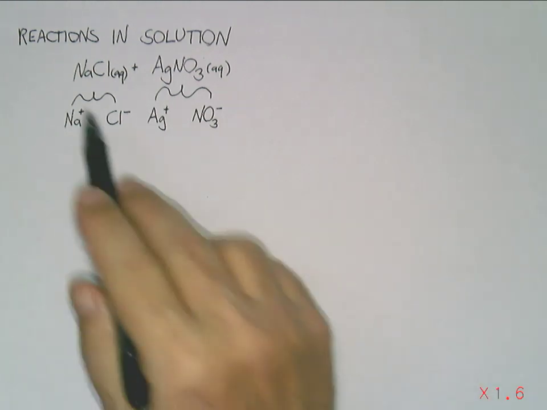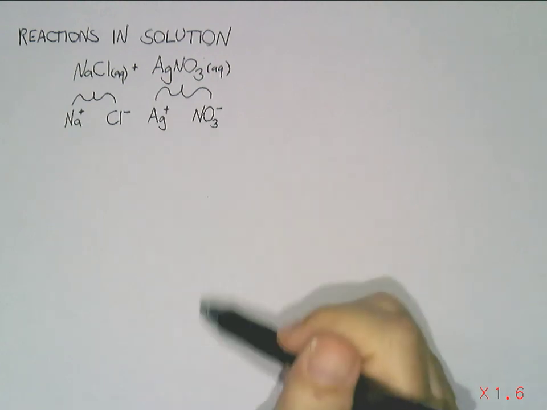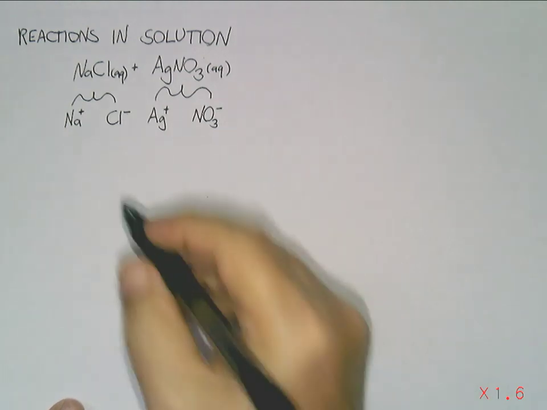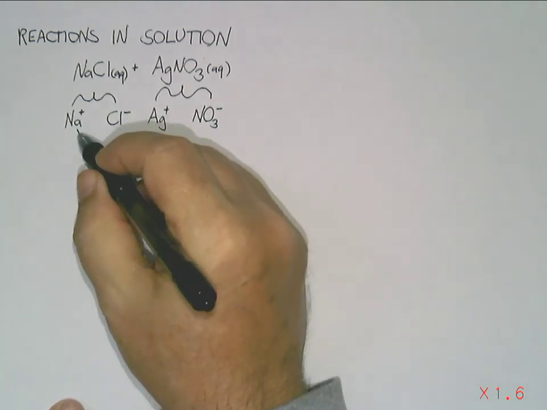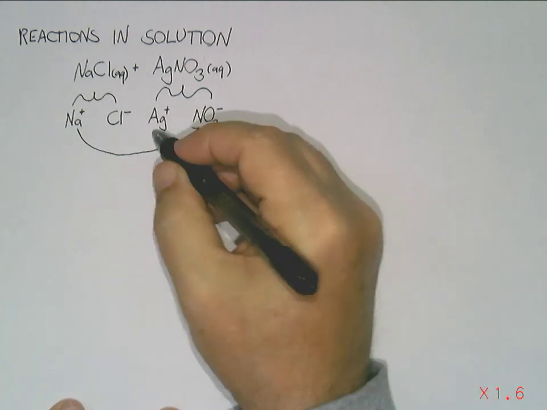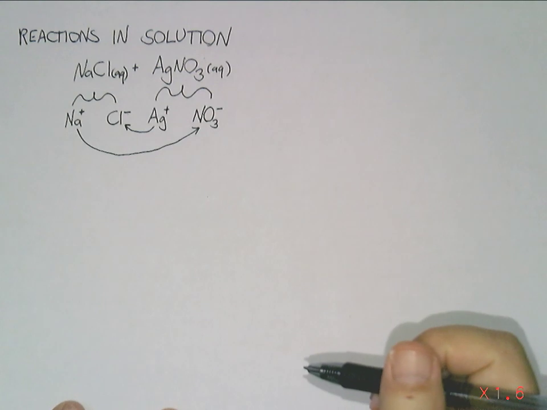Now what actually happens in solution is that these ions all can separate. They all get their icy shells around them, and they separate, and now they can swap partners. The positive ion here can go after the negative ion there, and the positive ion here can go after the negative ion here.